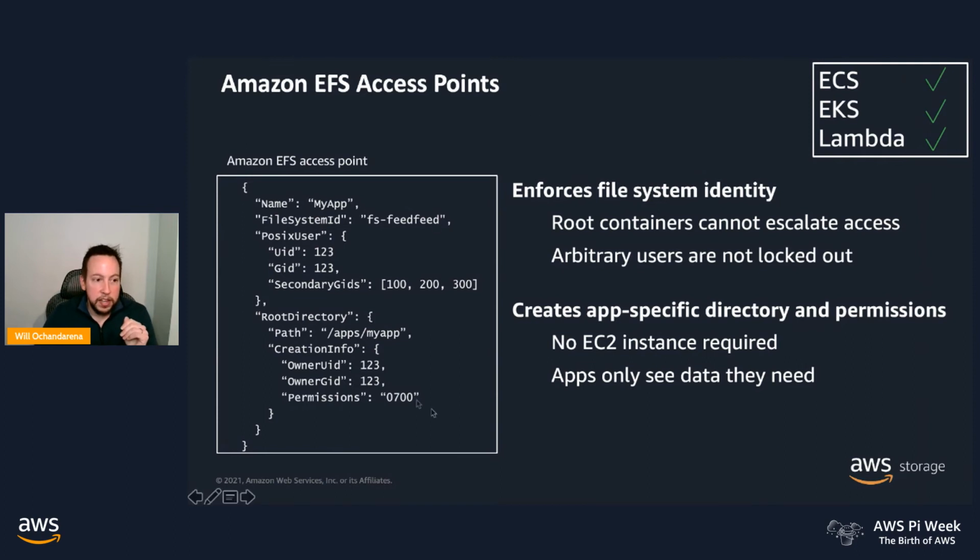And there's an extra thing in here called creation info, which is: not only do I want this application to be rooted at this directory, it doesn't exist yet, and this is how I want EFS to create it. So again, access points enforce file system identity, so they let you choose what an application can do on the file system rather than letting the application choose. And it can route those applications to a specific directory and even create it for you. So now you don't have to do any external provisioning.